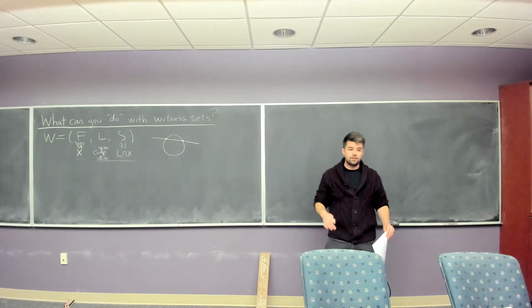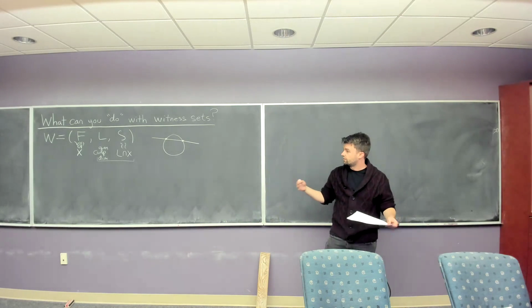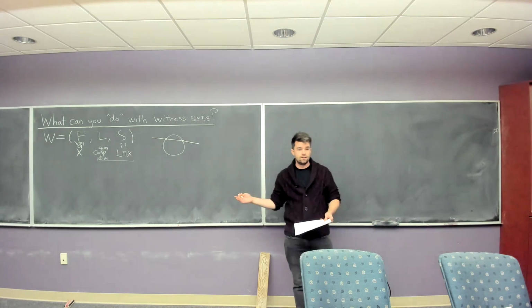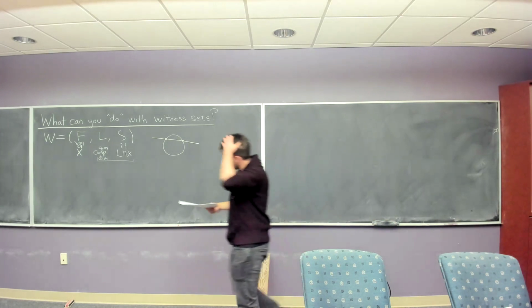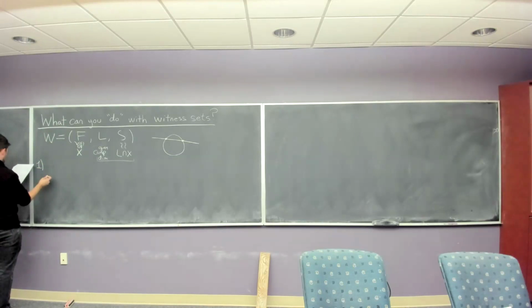And this is actually going to be the idea basing our algorithms on several things we can do with witness sets. So in particular, we're going to go over the following things.